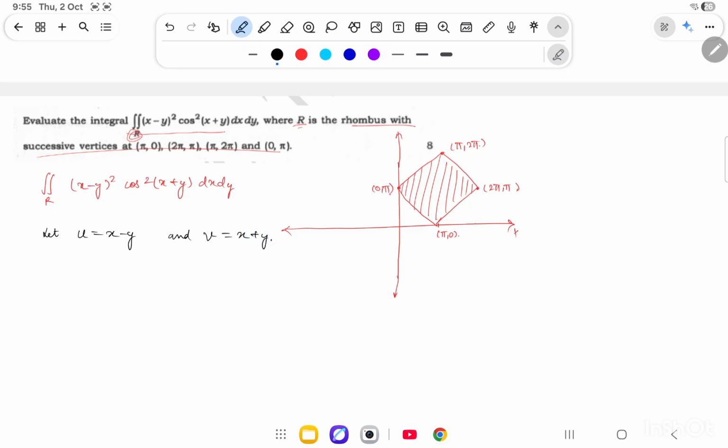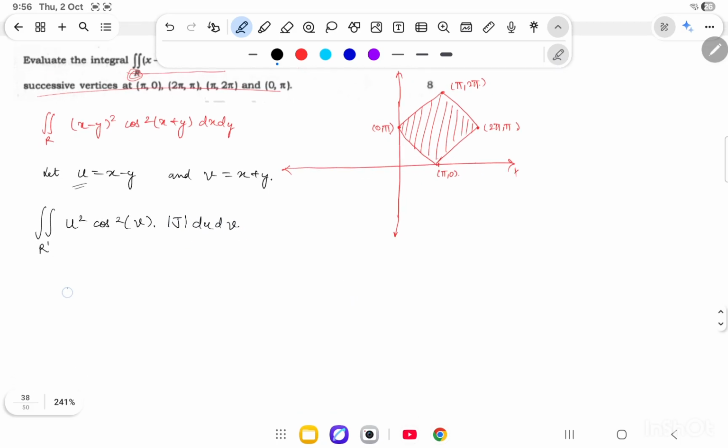So if these are my u and v, then the integration will be basically integration over the region R dash. R dash will be the region that we get post this transformation. u square cos square v into the Jacobian du dv.